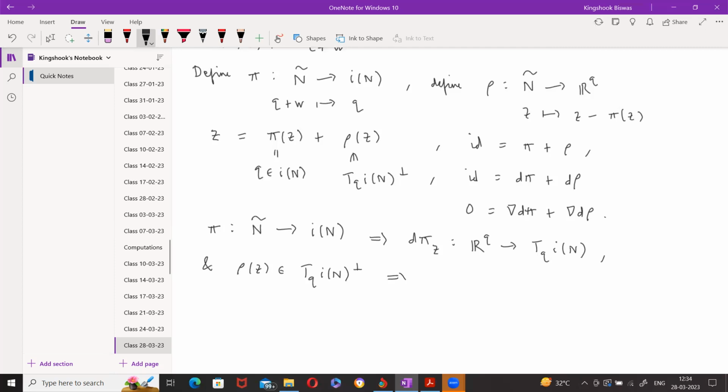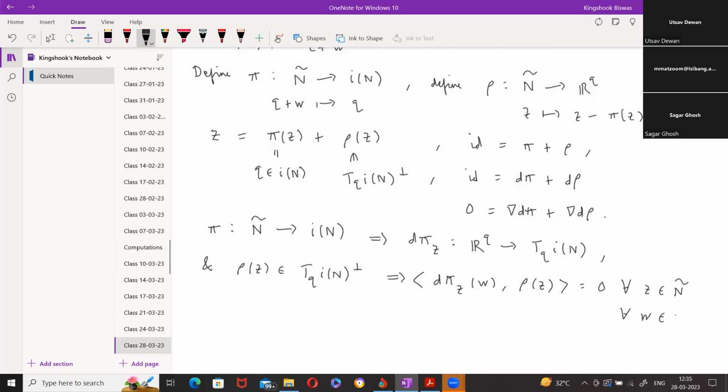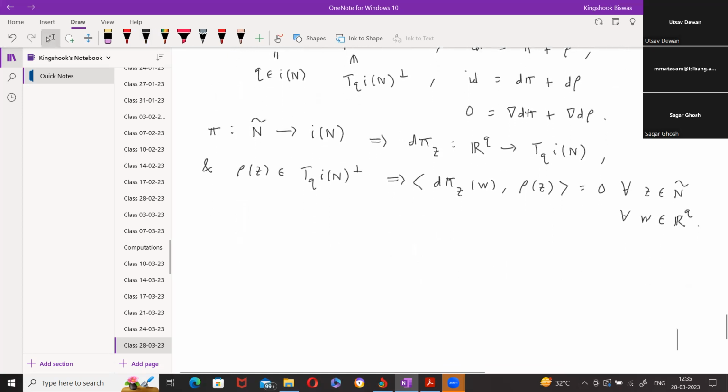So that implies that the inner product between d pi z of W and rho of Z is 0 for all Z in N tilde and for all W in R^q, right? Okay, fine.